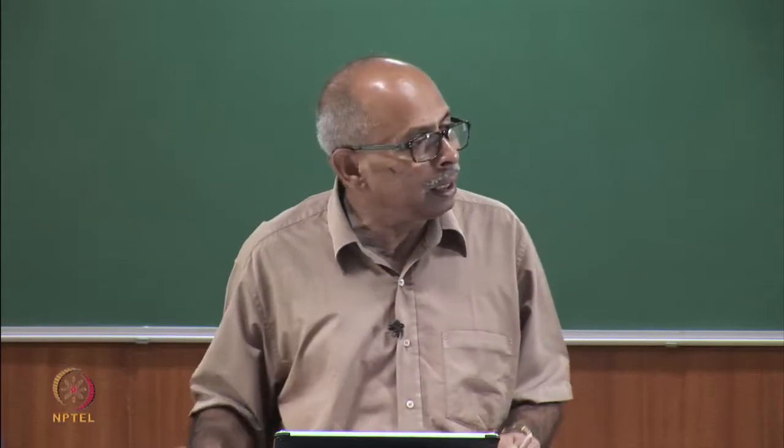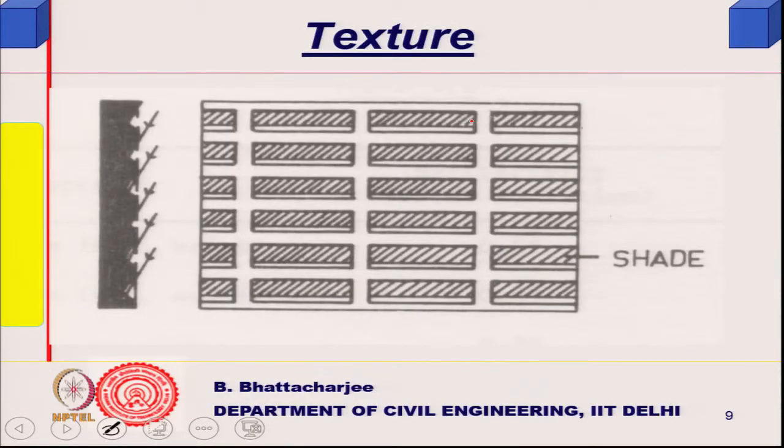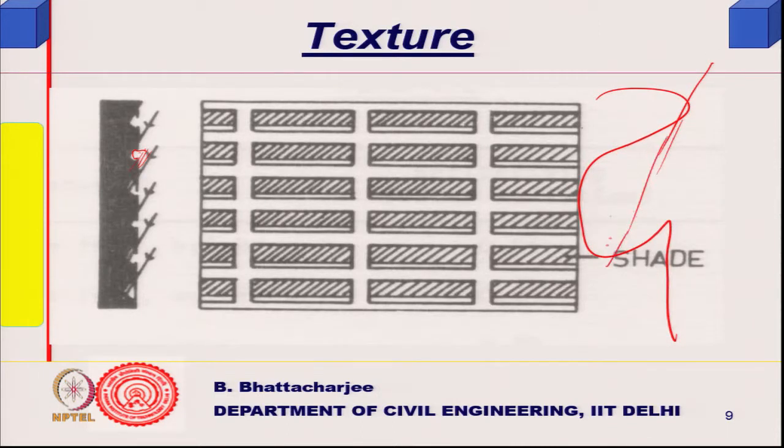This will be a textured surface, and on such a surface, this portion will receive solar radiation, this portion will not receive it, because it will be blocked. Only some portion in this hole will receive it. If I exaggerate it like this, the sun's ray will not reach this area.